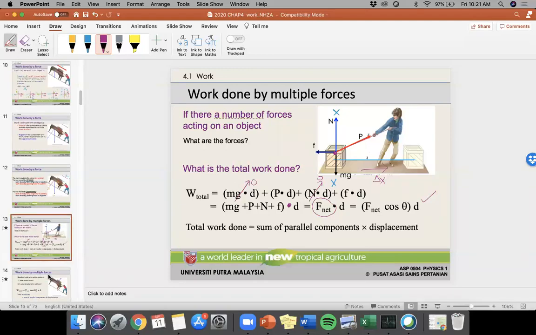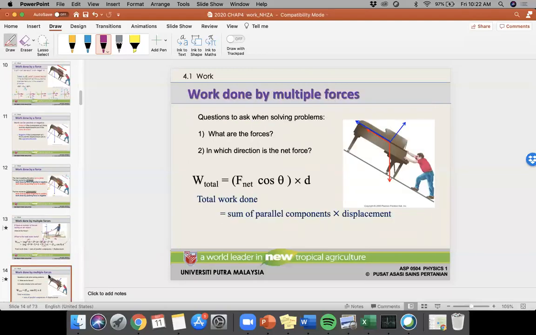Later we will do an example. Questions to ask when solving problems: what are the forces? We already did this. We have reaction, friction, weight, and external force, and in which direction is the net force? You already learned this in chapter 3, so finding the net force should be easy by now. F net times displacement gives the total work done.